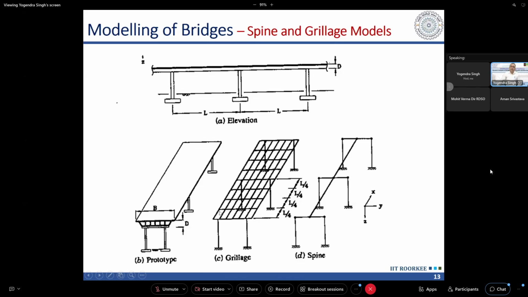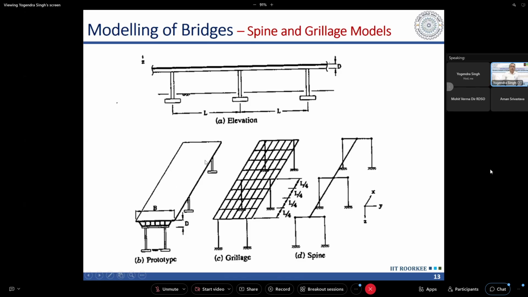And here, because we have members running in both directions, and the transverse members are representing the slab, we have to avoid that the mass of any component is considered twice. So some of these elements we have to assign with zero density if we are considering the self-load command.